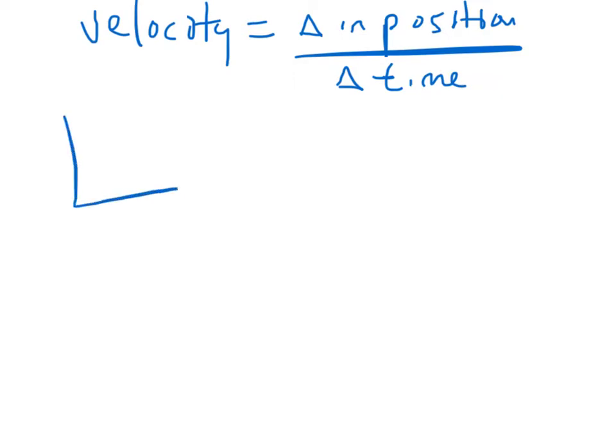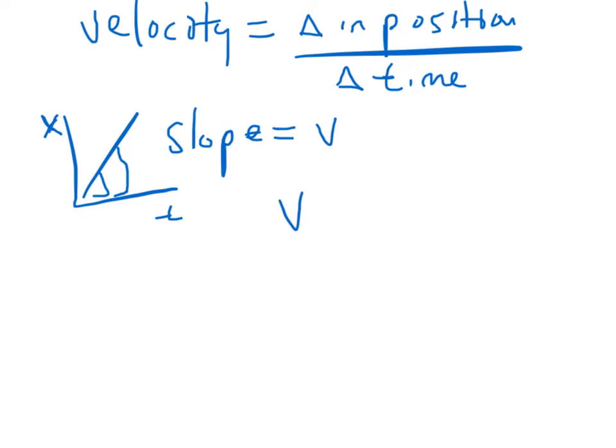You would take a graph of position versus time, and you would find the slope for all these points, and the slope was equal to the velocity. So our equation is velocity is change in position over change in time.